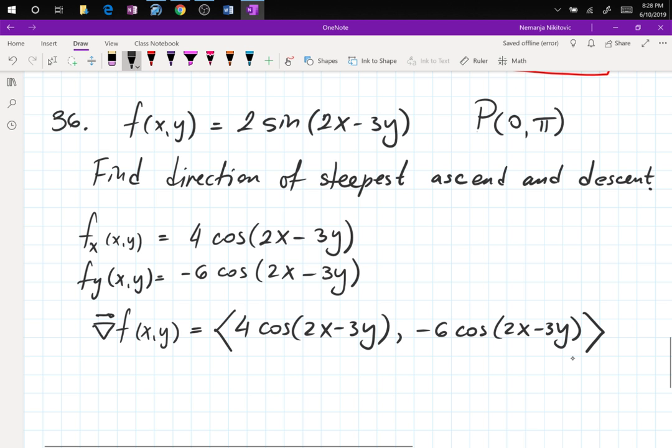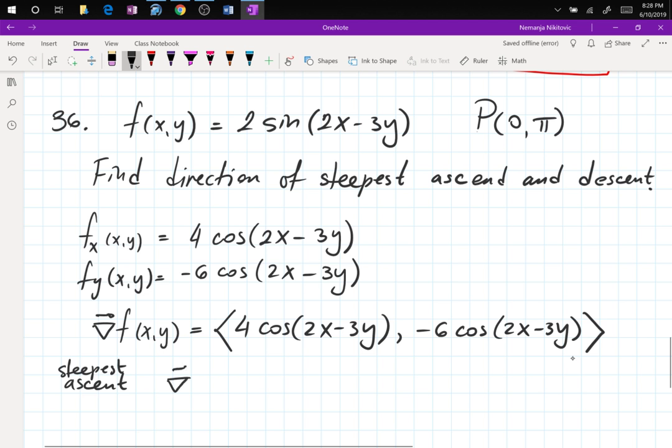So steepest ascent is going to be in the direction of positive gradient.